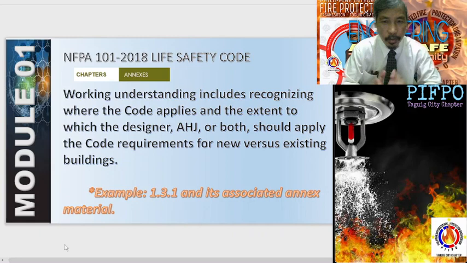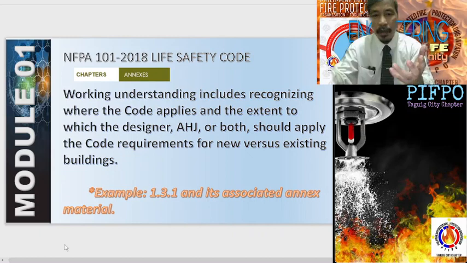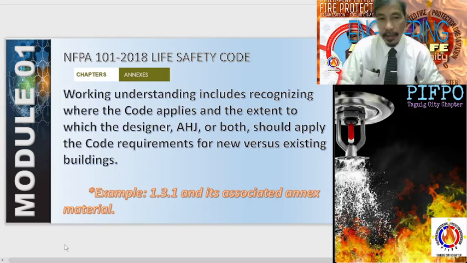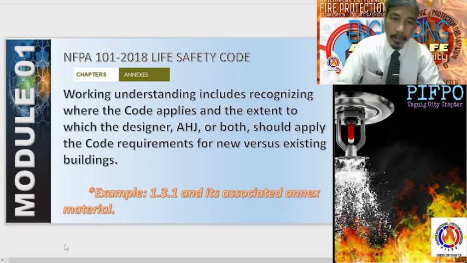So this is what we mean by rudimentary. Both the designer, the engineers, the professionals, the fire protection professionals. As an example, we have 1.3.1 and its associated annex materials.